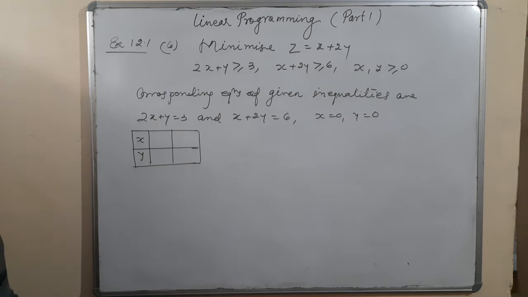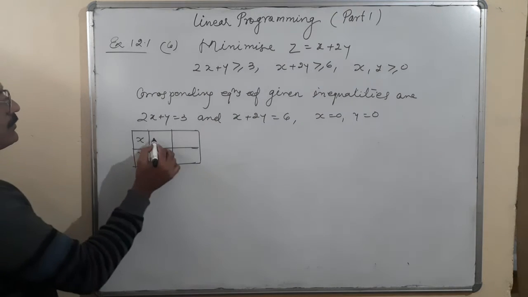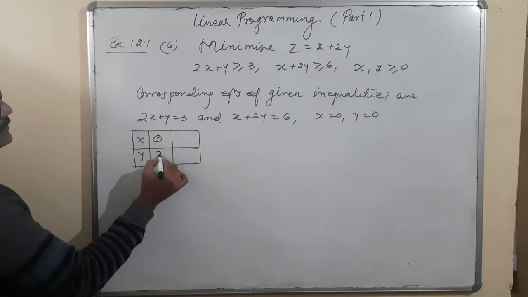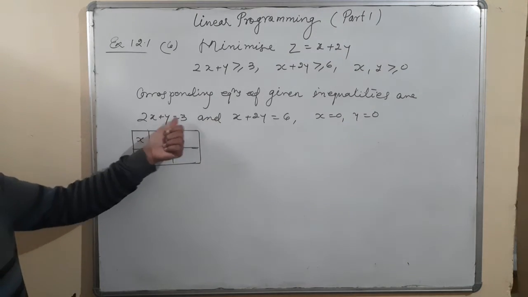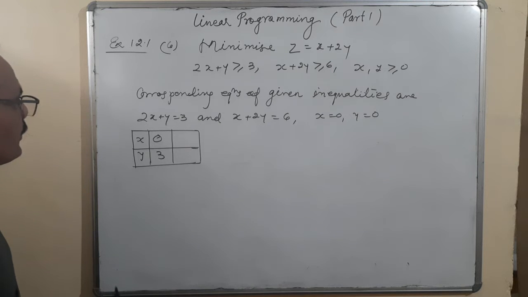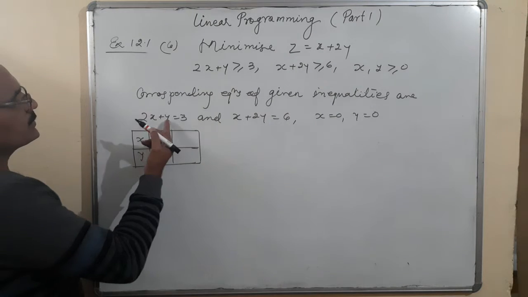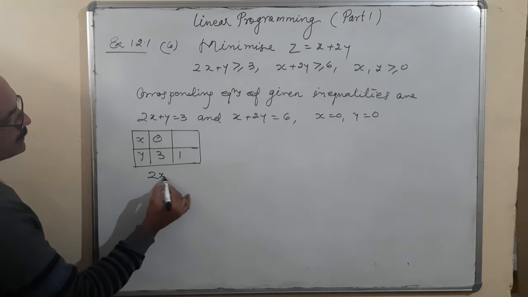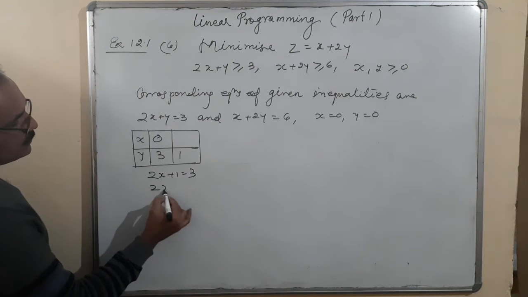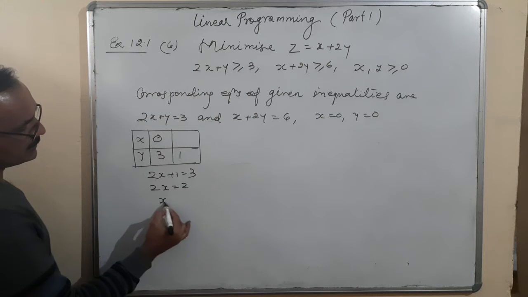And for making the table, I think the best way is to put x is equal to 0, y is equal to 3, 1 point. But for the second point, when you put y is equal to 0, x is equal to 3 by 2, 1.5. That is also okay. But you will take y is equal to 1 here, then 2x plus 1 is equal to 3, 2x is equal to 3 minus 1, 2, so x is equal to 1.